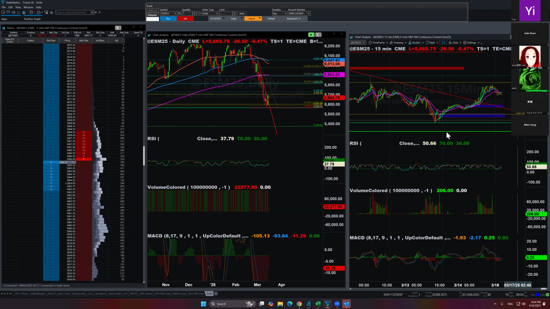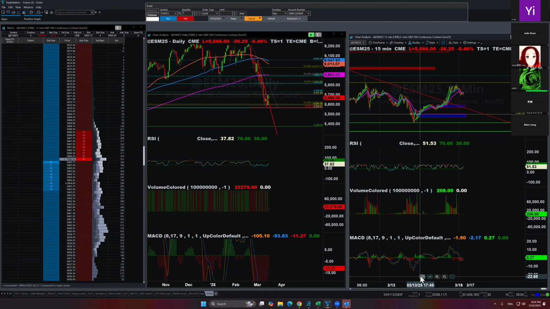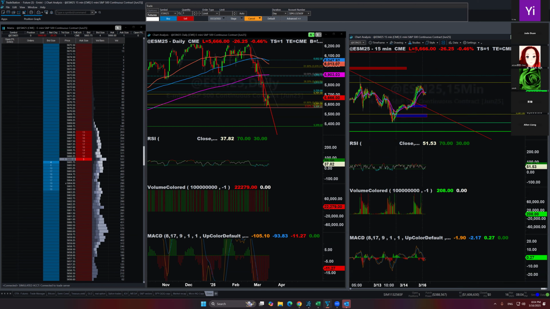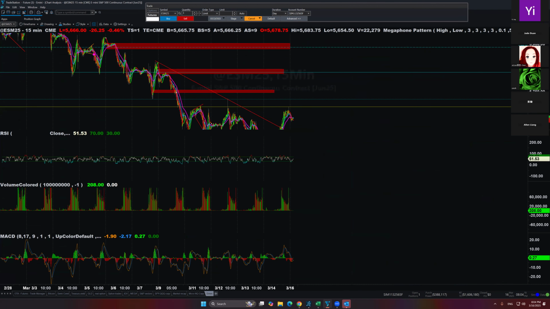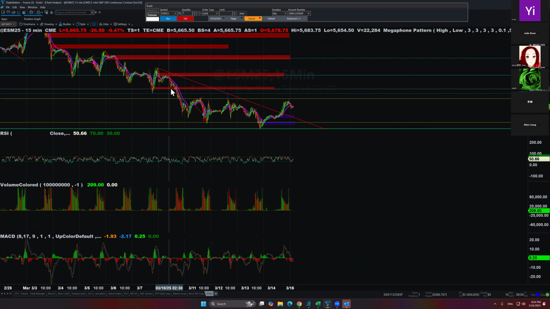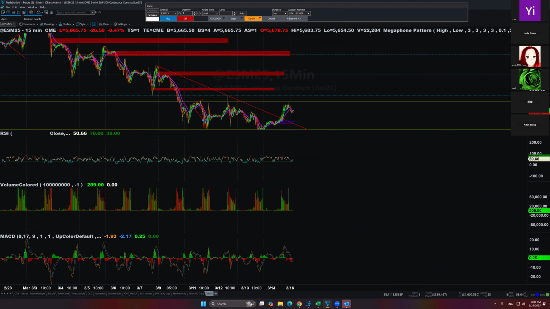So now I added, when I shared this zone, I didn't give you this zone. I gave the 5,800 zone. I did add here on my personal chart. That's where the SPY first resistance is. But I am leaning somewhere near 5,880. That's the old 5,820 to 5,850 area.